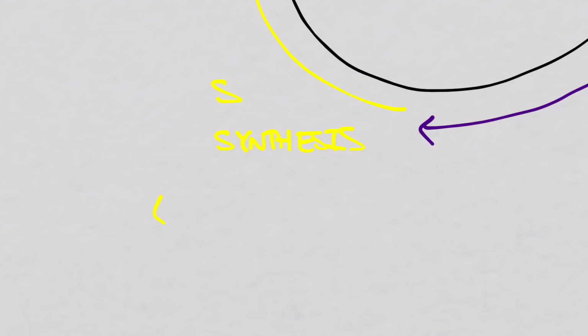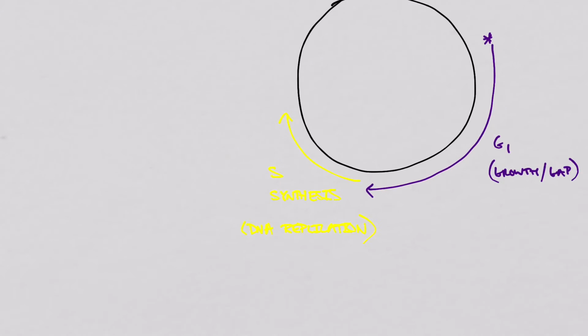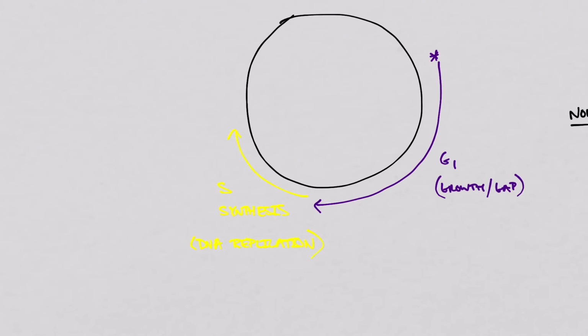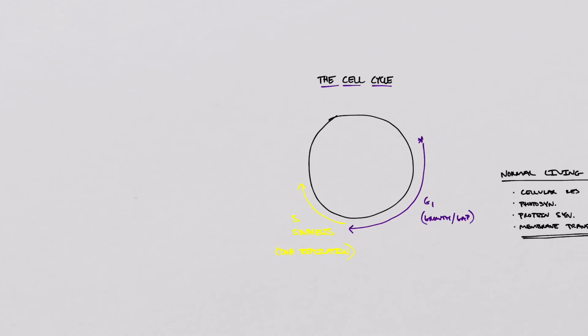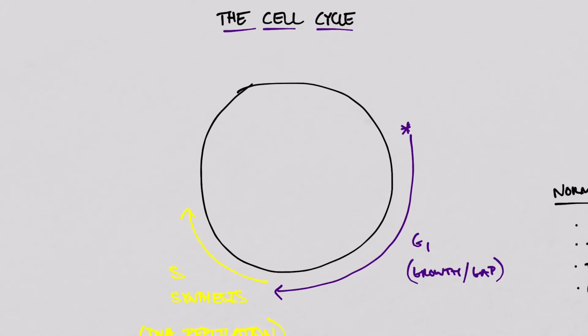So during this phase, we have DNA replication. So during the S phase, the DNA all doubles. Just like the video that you all created of DNA replication, that's going on inside the cell, but for all of the DNA.